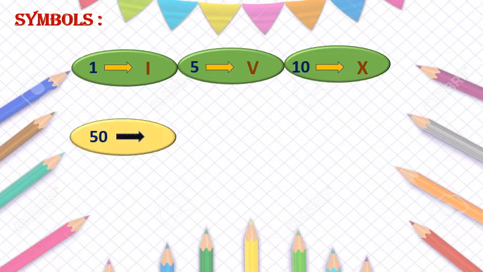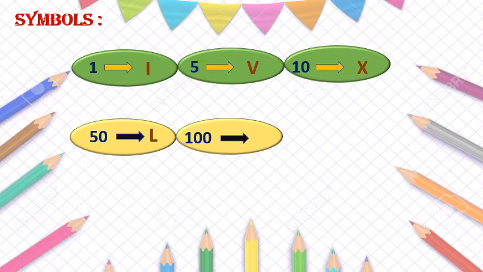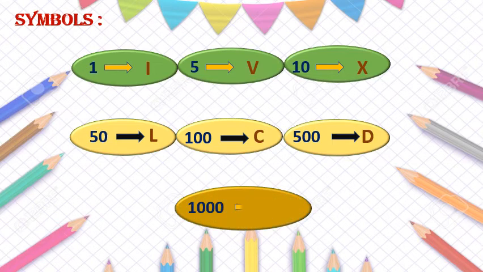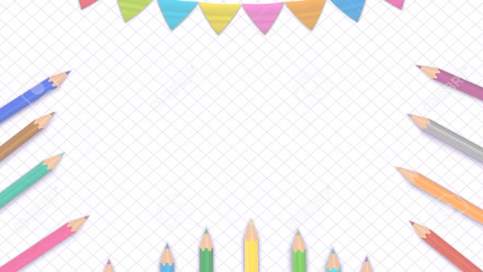Now some more we will learn here. 50 means L, 100 means C, 500 we write as D, and 1000 we write as M. See here, 4 new symbols introduced. 50 we write as L, C means 100, D means 500 and M means 1000. Remember this, we use only capital alphabets. Okay.